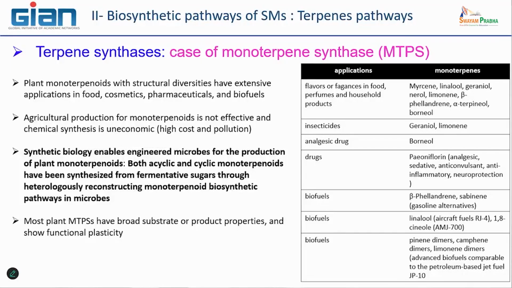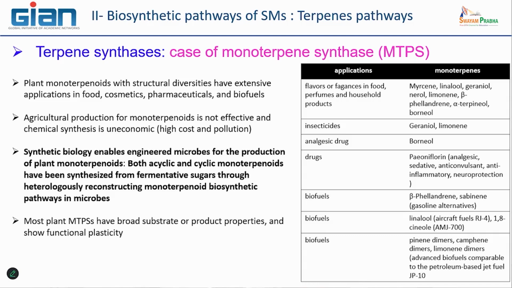So you could see that this is very important. Monoterpene synthases have a very big interest. This is why we have observed, a few years ago, several projects based on synthetic biology with the aim to engineer microbes, prokaryotes, meaning bacteria, or also yeast, eukaryotes, depending on the application, to produce specific plant monoterpenoids.